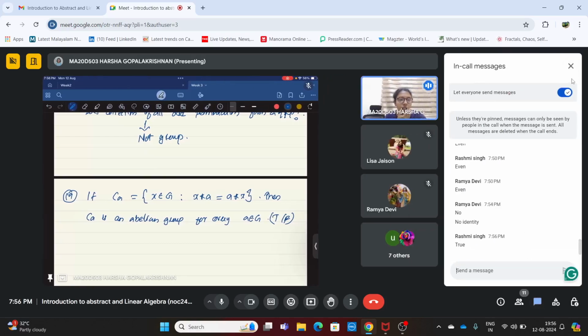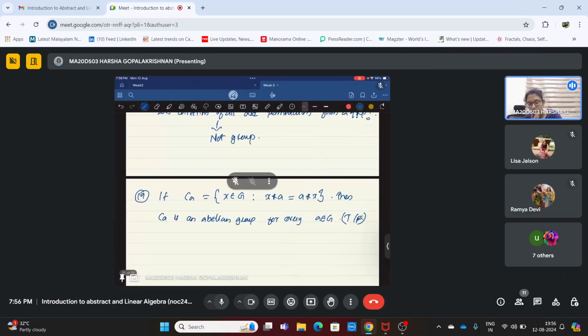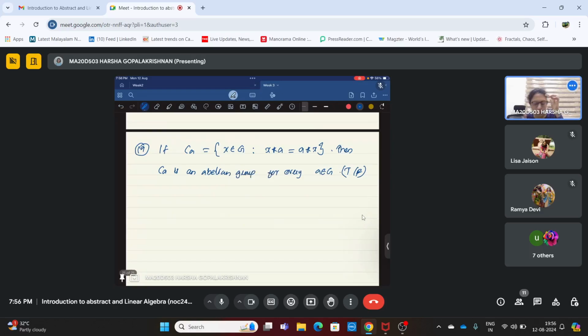Okay, I am not giving the full proof or something for this, but I will just give you a hint. Suppose G is a non-abelian group. In that case, whether C(A) will be an abelian group or not.